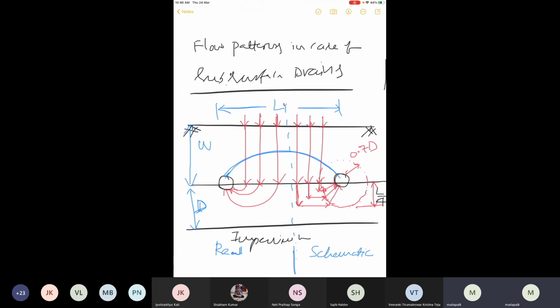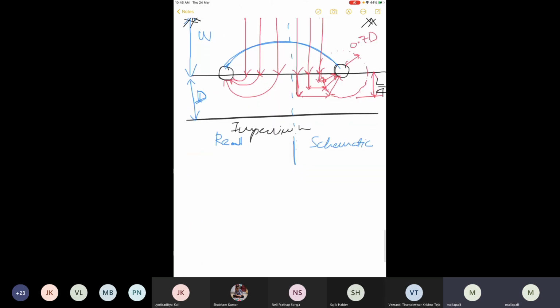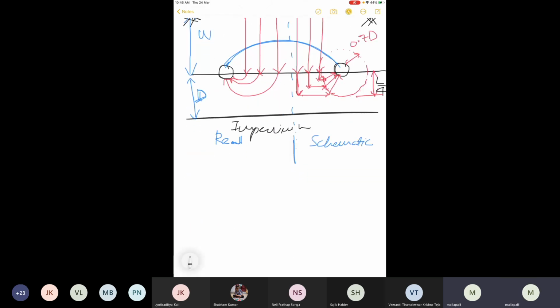In summarizing the real versus schematic: in the real field, you get a vertical flow and also the radial flow, so the flow paths would be difficult to simulate. That's why we make this radial flow into two, one horizontal as well as the radial.